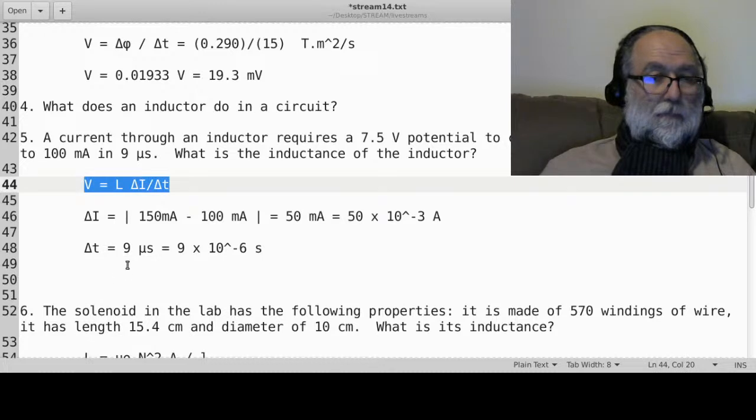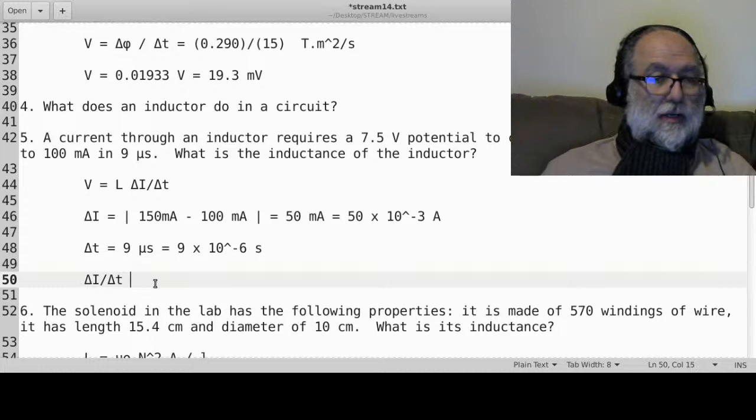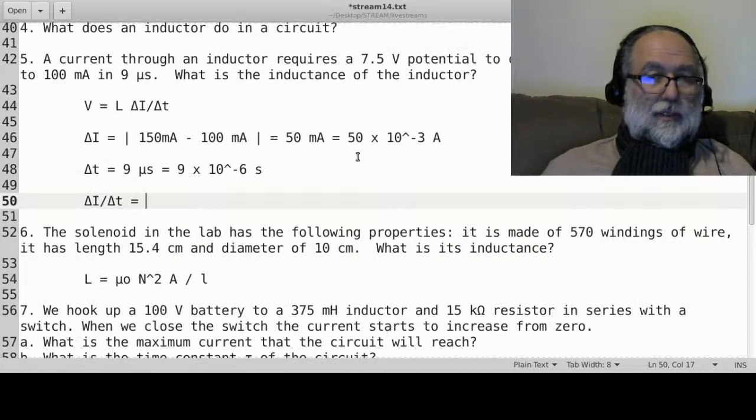So if we take this formula here, we can plug in. Actually, before we plug in, let's just calculate this piece. Okay, so I'll make it a little easier.